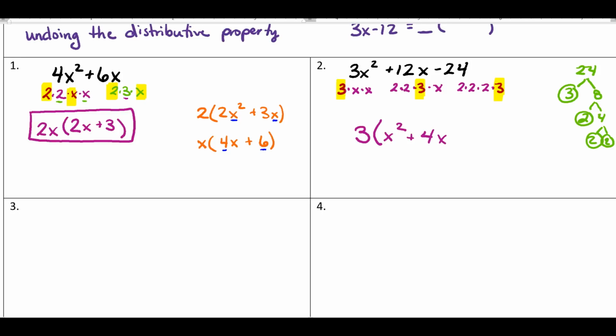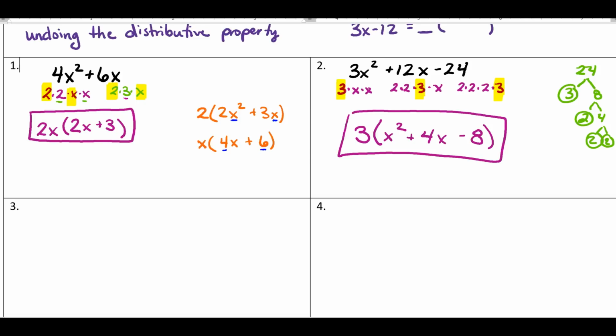And 3 times negative 8 would multiply to give me negative 24. So I'm simply undoing my multiplication. And the great thing about these is you can check. Notice x squared, 4x, and 8 have nothing left in common. If I was to re-multiply this out, 3x squared, 12x minus 24, I get the answer that I started with. So that's 2 ways you can know if you've done it correctly.